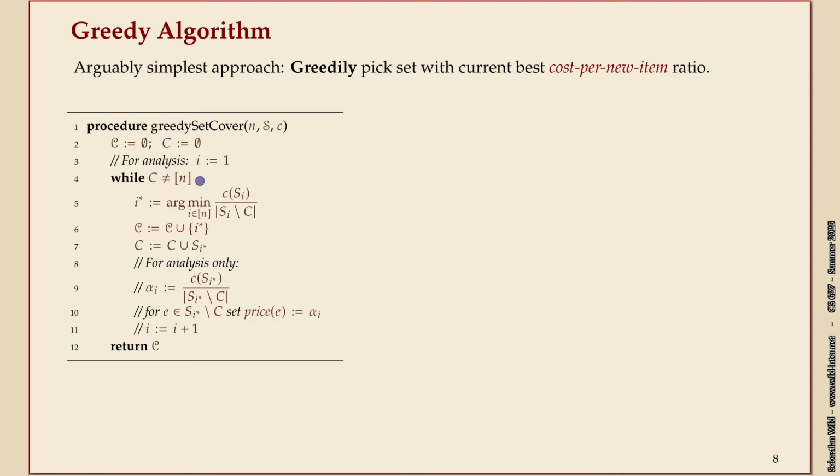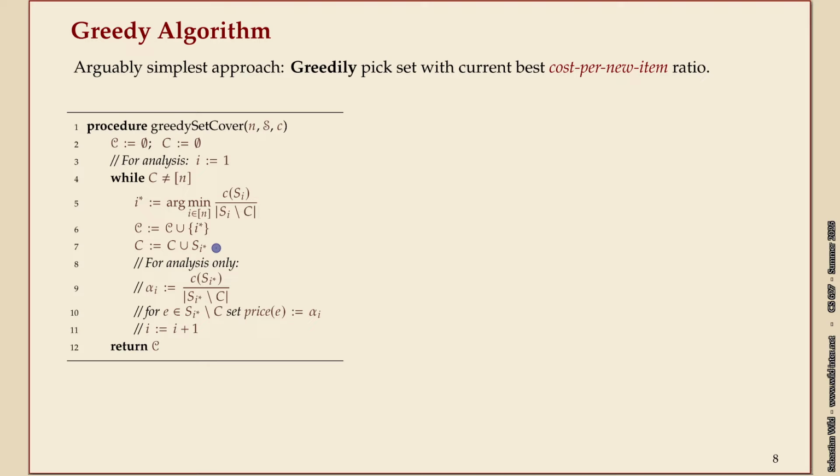So as long as we haven't covered everything, we find a set that minimizes this ratio, the cost of the set divided by how many elements it adds to the covered elements. So the sets, as I subtracted, all the elements that we have already covered with other sets. And we find the one that minimizes this. That's the one we pick next.